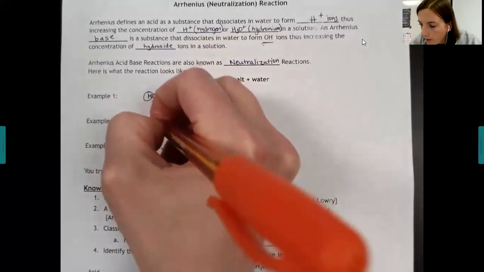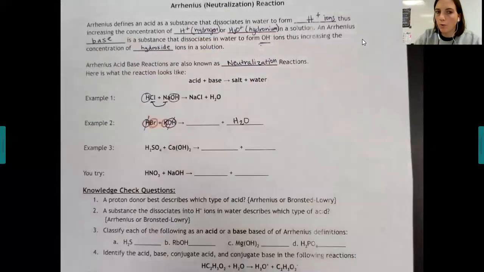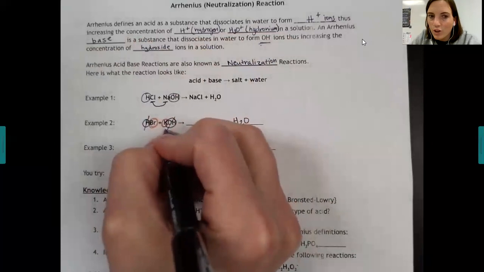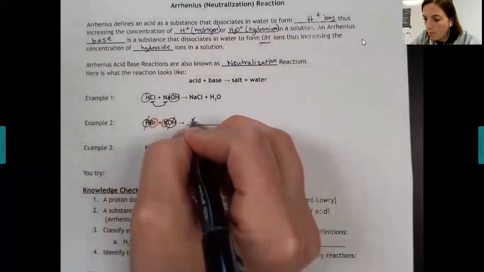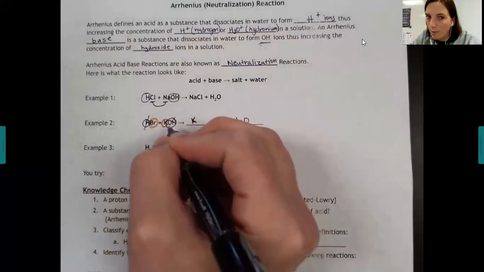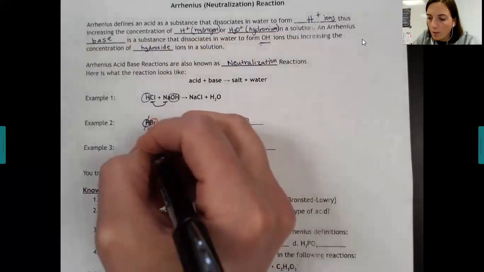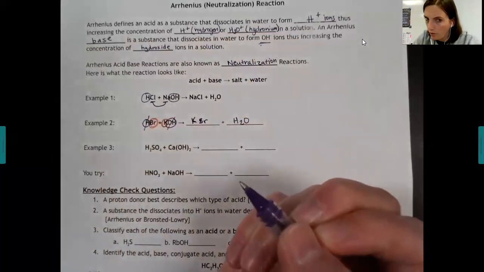Then we're left behind with potassium and bromine. If it's written first here, it needs to be written first in the blank. By written first, I mean when it's together in the compound. See how potassium's first here and bromine's second there? So that means bromine will be written second here and potassium will be written first.